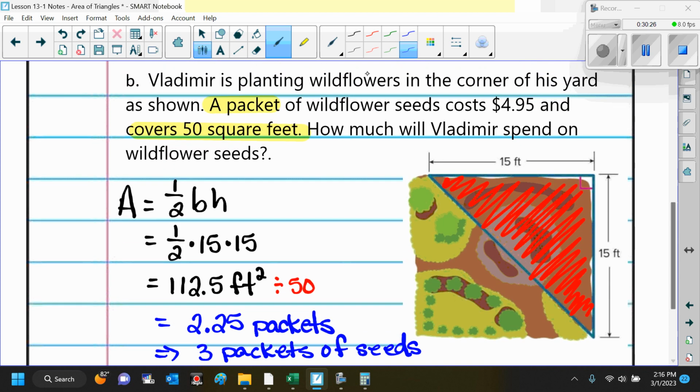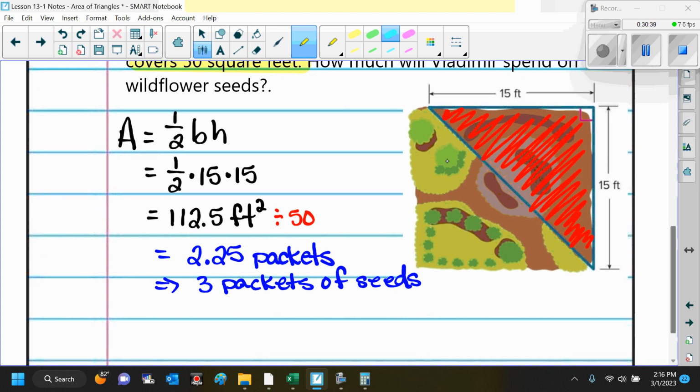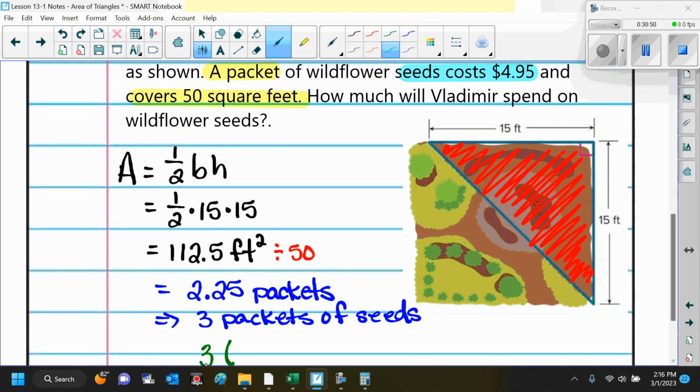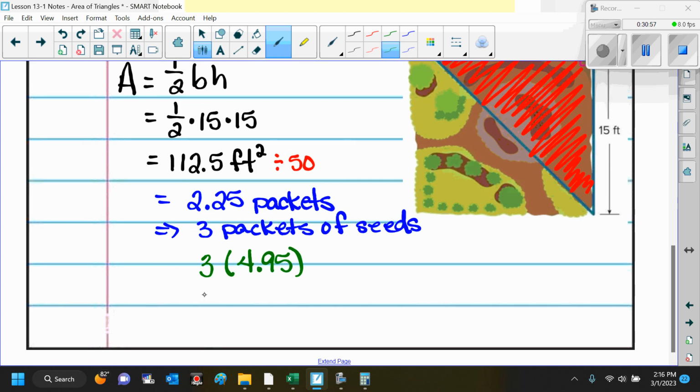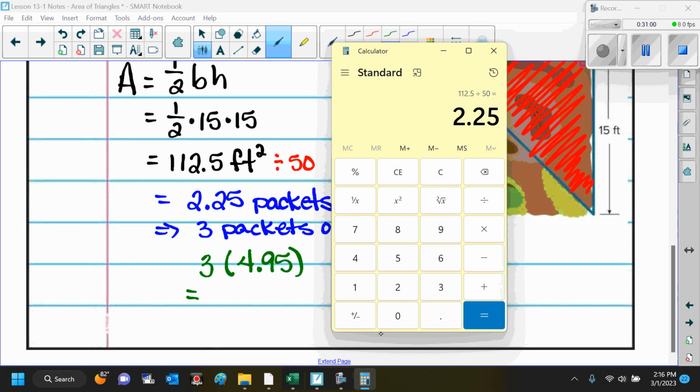Since we're buying 3 packets of seeds, we go back up here, and it says the seeds cost $4.95 per packet. So we take the 3 packets and multiply that times $4.95.